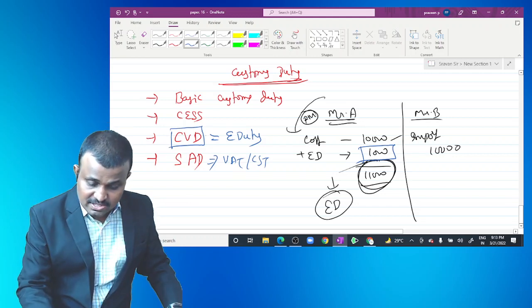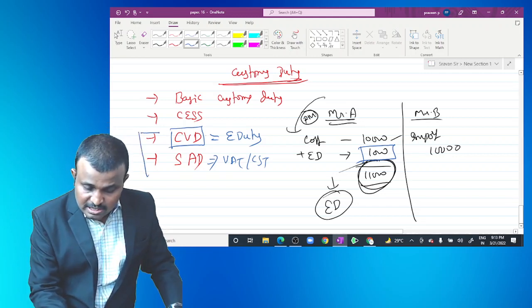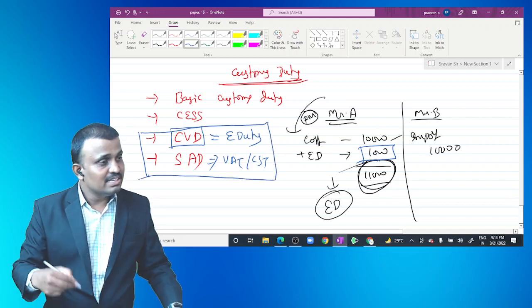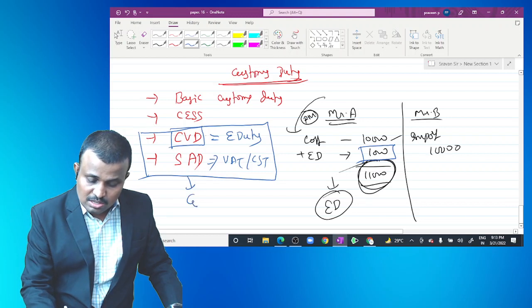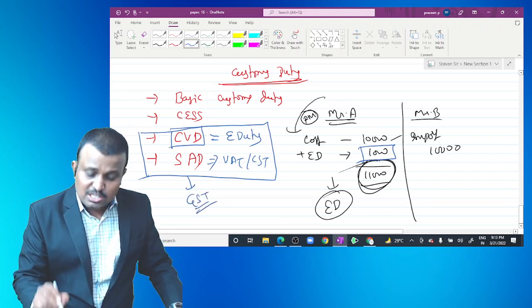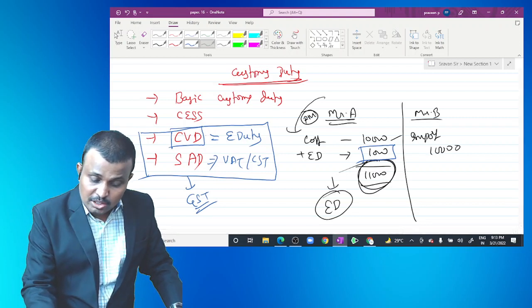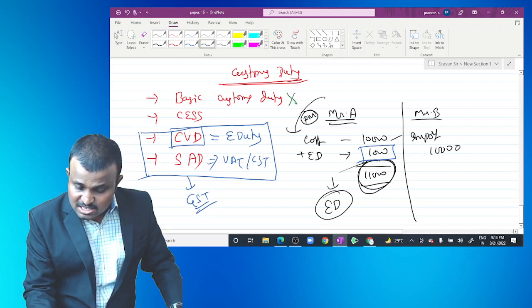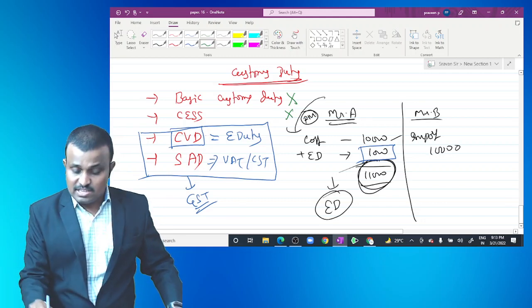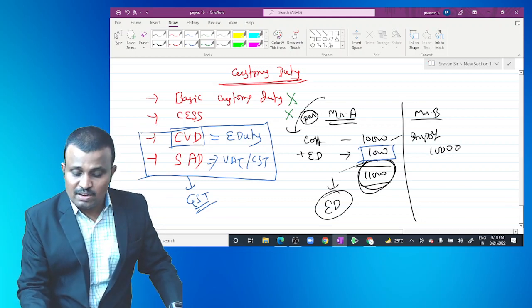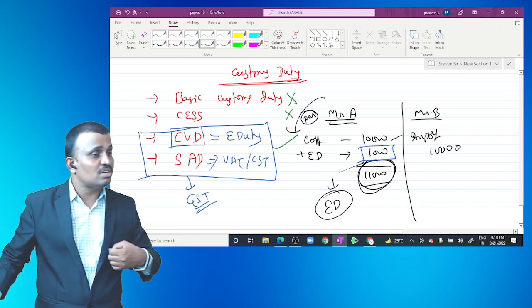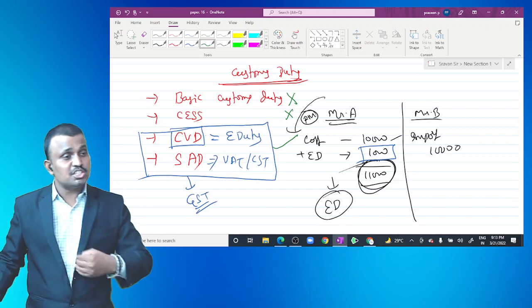But at present, excise duty, VAT, CST, these are all subsumed under GST. So in case of customs duty, only two things, basic customs duty and cess, are not subsumed under the purview of GST. But which are subsumed under the purview of GST? Countervailing duty and special countervailing duty or special additional duty.